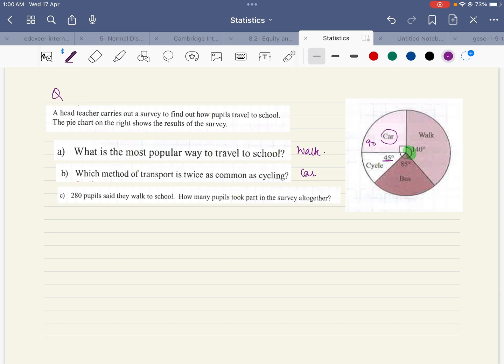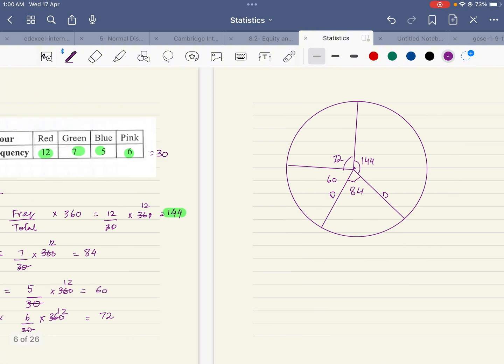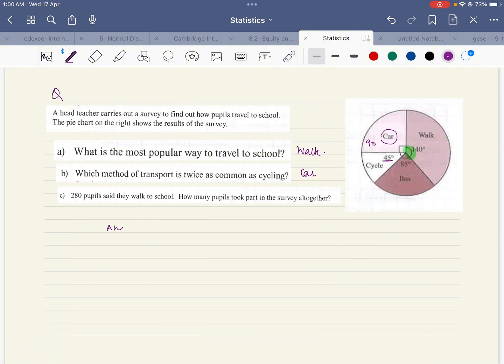We have the angle. We will use the same formula that we used here for angles. Angle is equal to frequency upon total into 360. Angle we know is 140. Frequency we know is 280. Total we don't know, into 360.